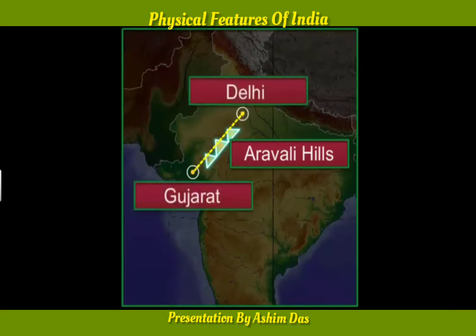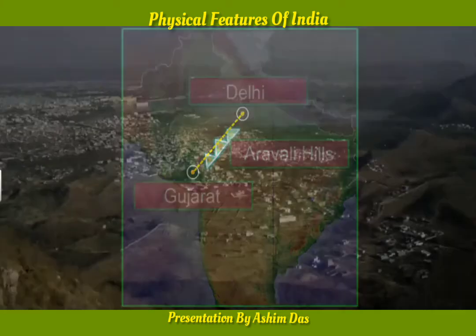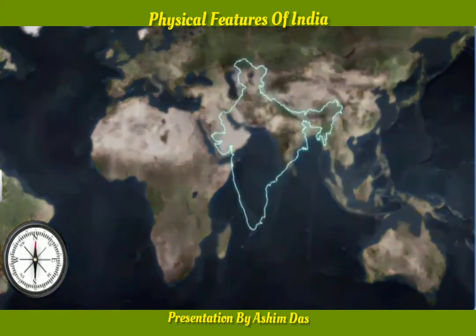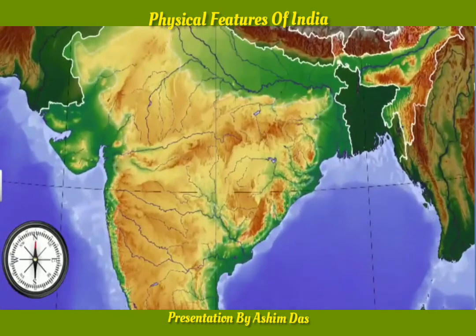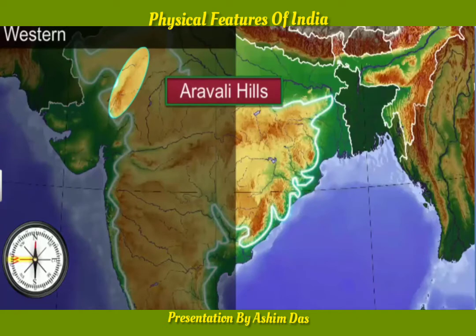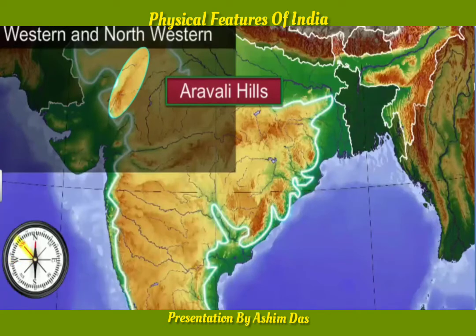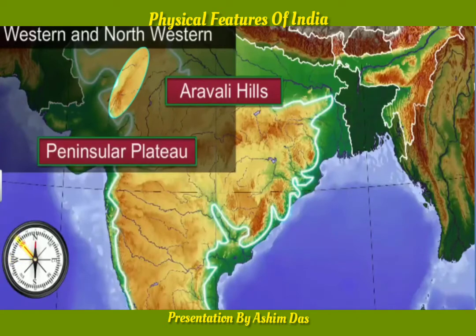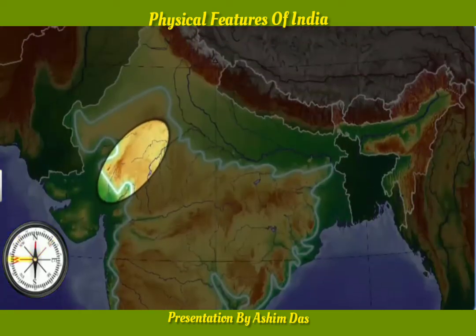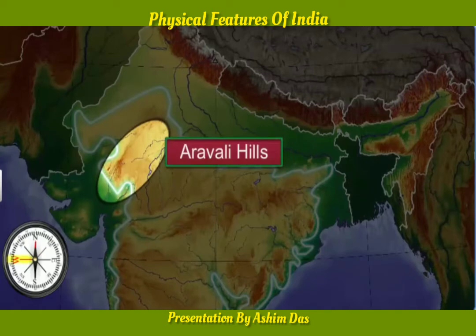However, millions of years of weathering eroded them, and they are now broken hill forms. As you may remember from the previous module, the Aravalli Hills lie on the western and northwestern margins of the Peninsular Plateau. If you move further towards the western margins of the Aravalli Hills, you come across the Indian Desert.